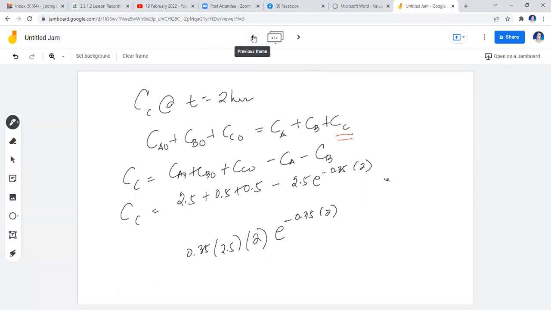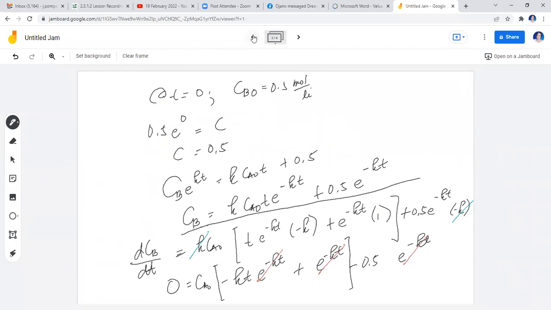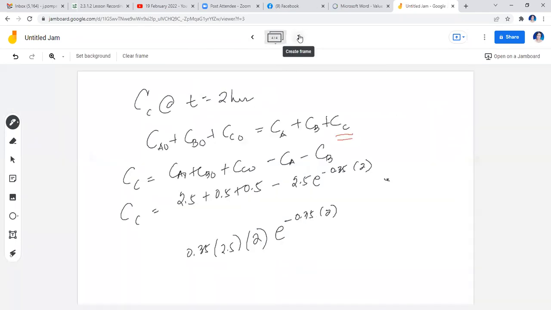Okay, what about the second term for the C sub B? Plus. Since we have minus there, so it should be minus. Minus 0.5. By the way, class, this is minus. So this is minus 0.5.